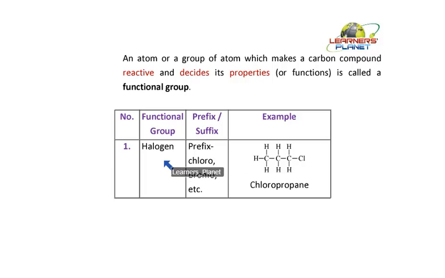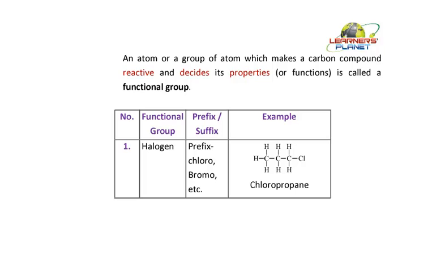Our first functional group is halogen. Halogens can be chloro, bromo, iodo, and halogens are always named as the prefix, right? Like this is chloropropane.